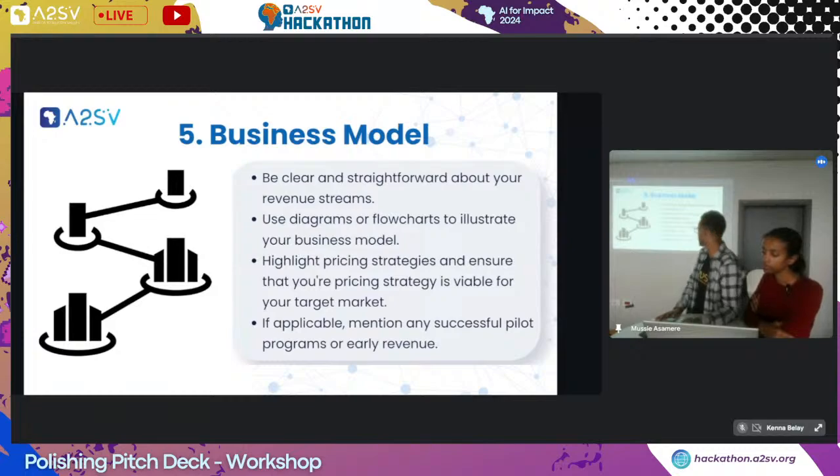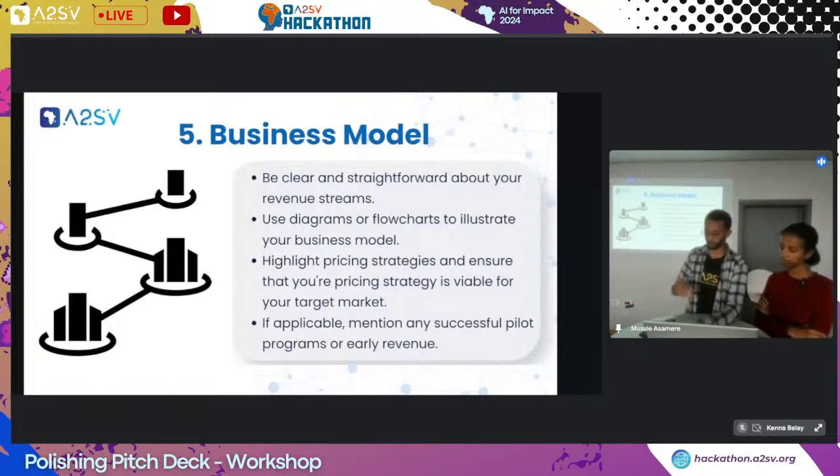You can use diagrams and flowcharts to illustrate and make your claims even better for your target audience. So highlight pricing strategies and ensure that your pricing strategy is viable for your target market. Usually when other products state their business model or revenue streams, they don't go into too much detail on their pricing strategy, and that would communicate to an investor that they don't know much about their target audience.